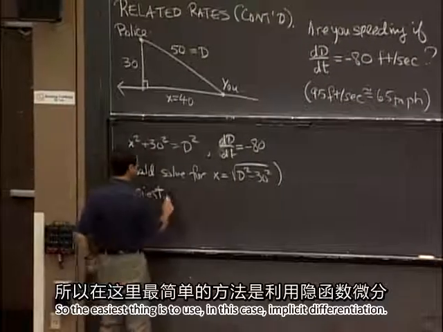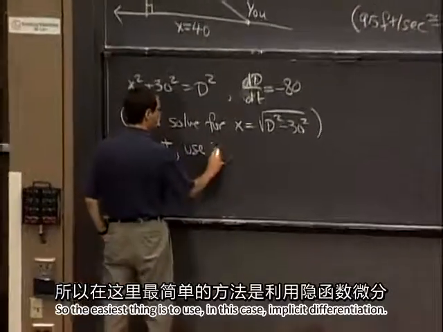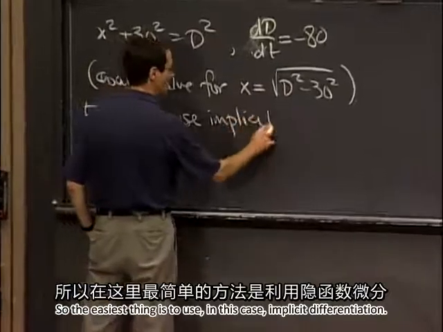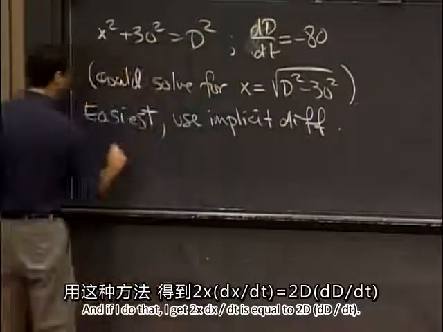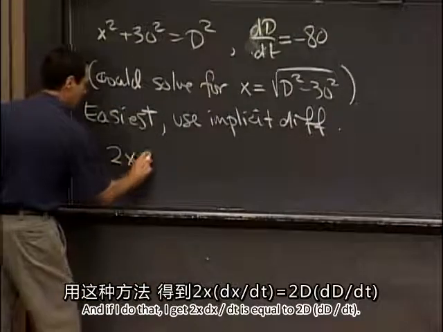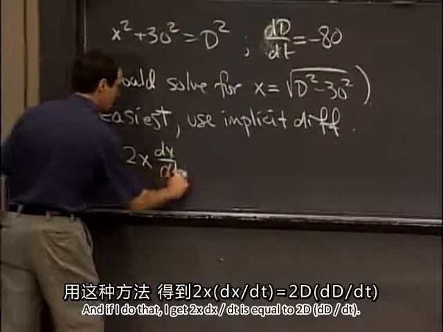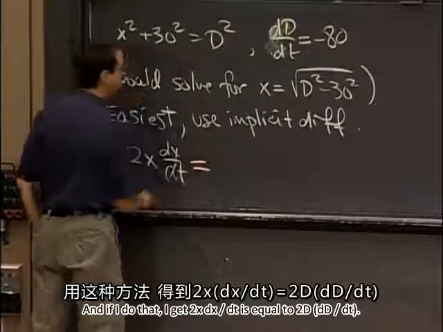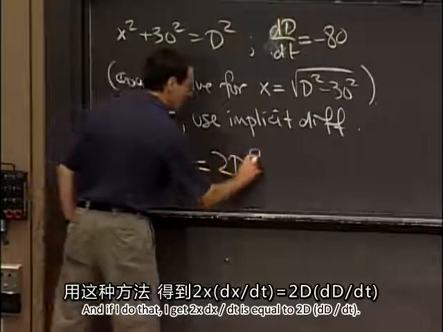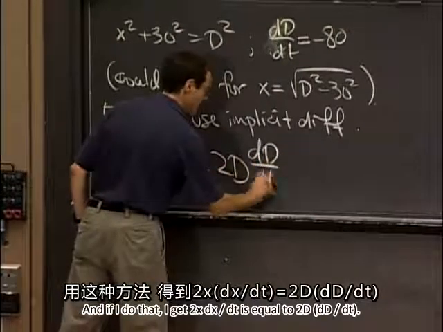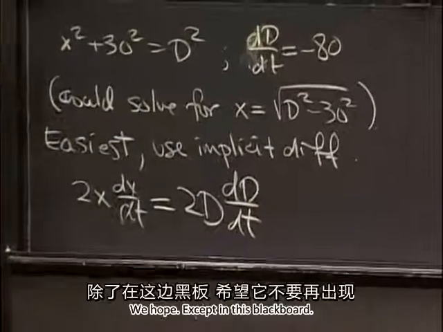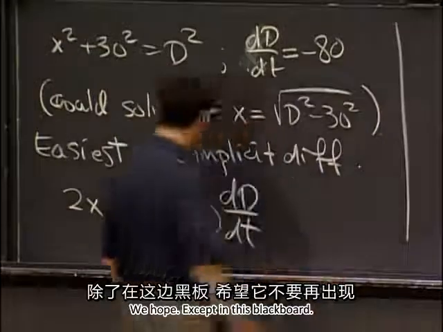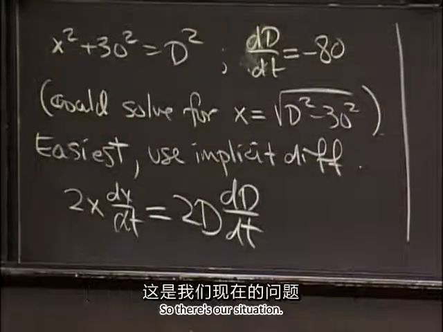So the easiest thing is to use, in this case, implicit differentiation. And if I do that, I get 2x dx/dt is equal to 2d dd/dt. No more d/dt left, we hope, except on this blackboard. All right, so there's our situation.